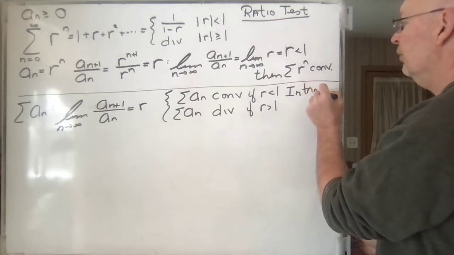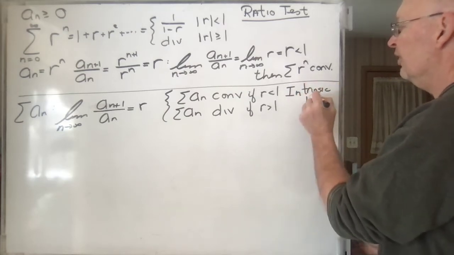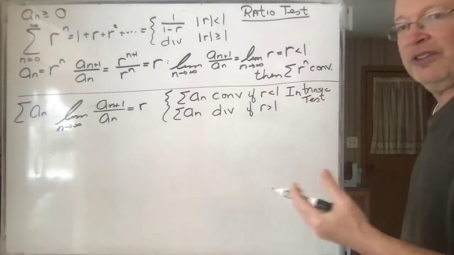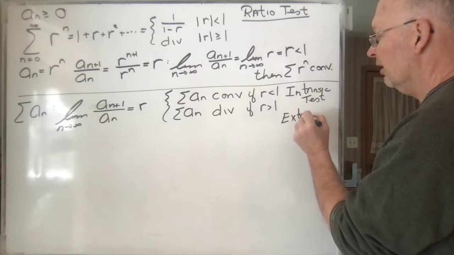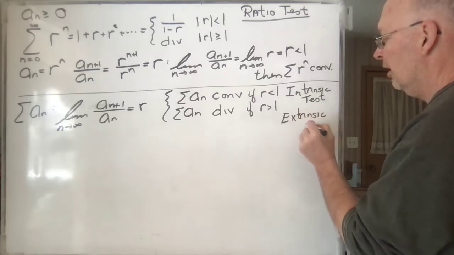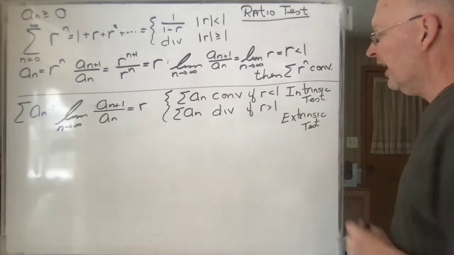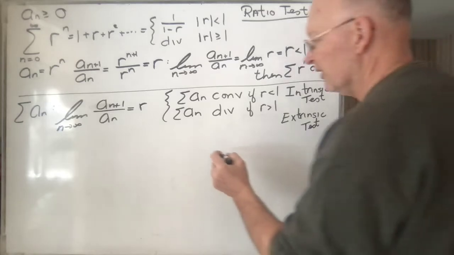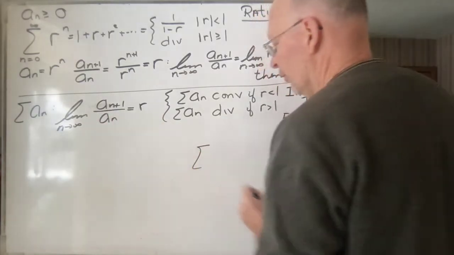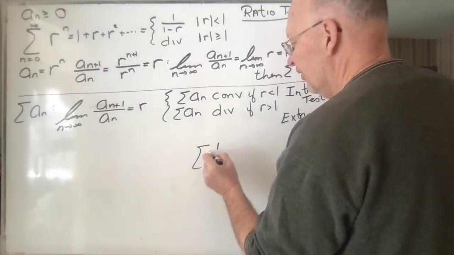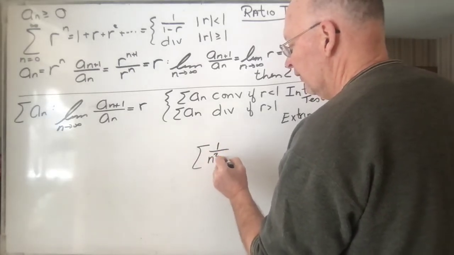Intrinsic test. Intrinsic means it's internal, versus an extrinsic test, which is kind of external. So an extrinsic test for series would be to show that this thing, for example, converges.